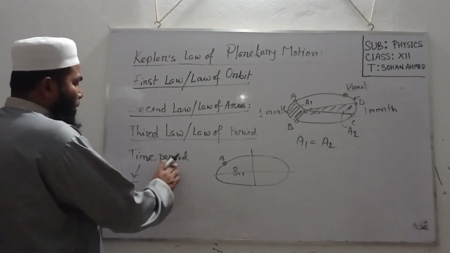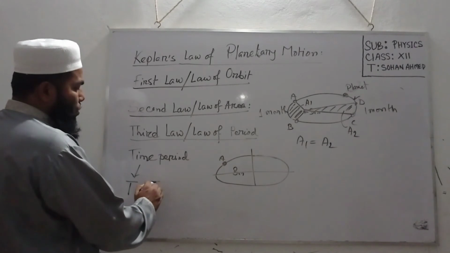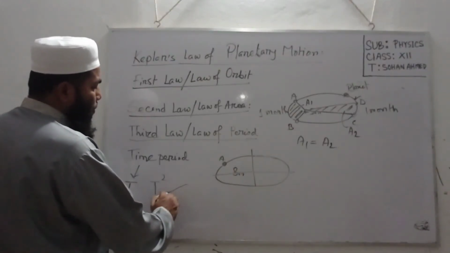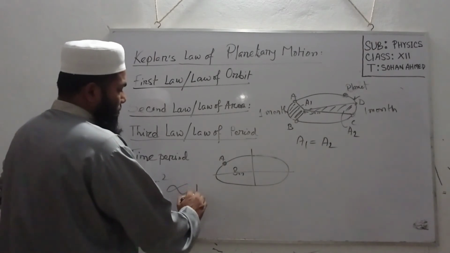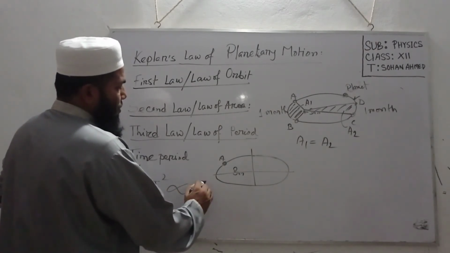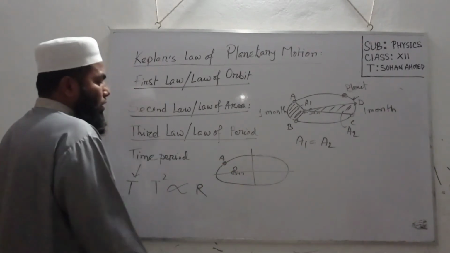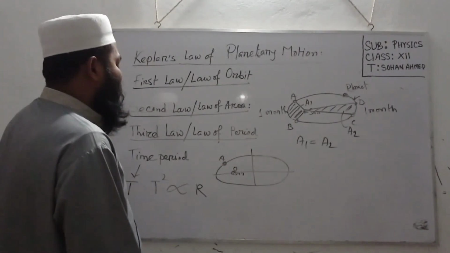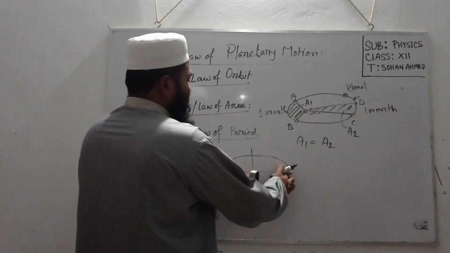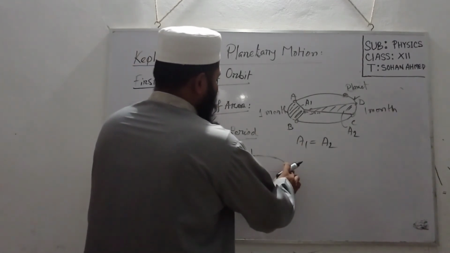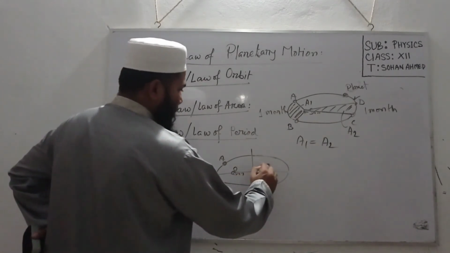According to the third law, the square of the time period is directly proportional to the cube of the average distance from the Sun to the planet. That means the average distance is actually the semi-major axis, r cube, this is the r.